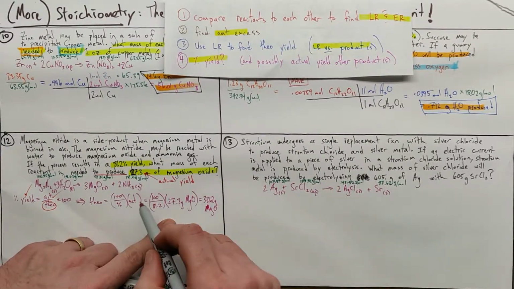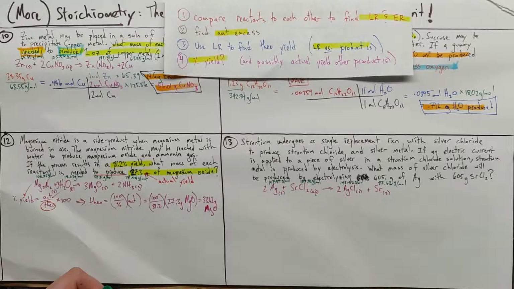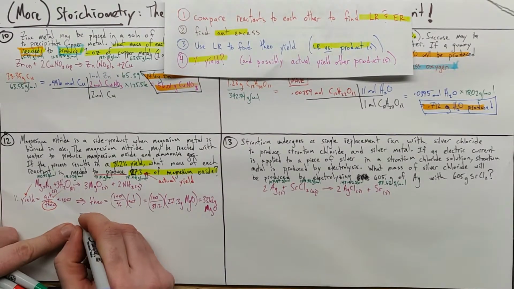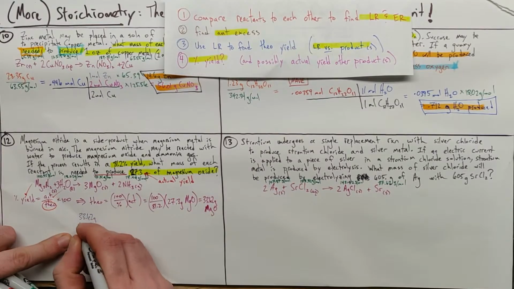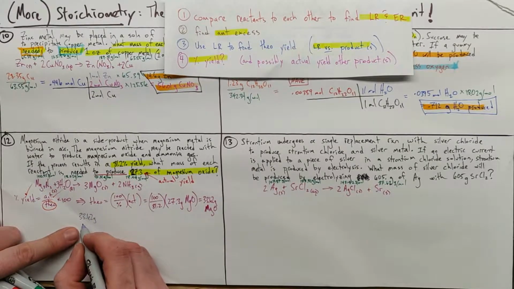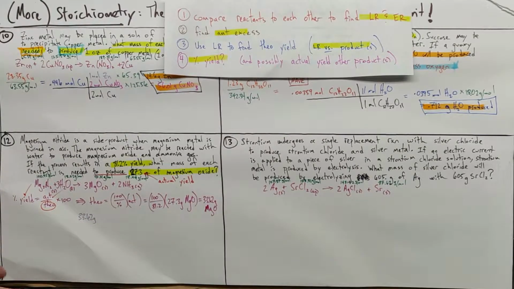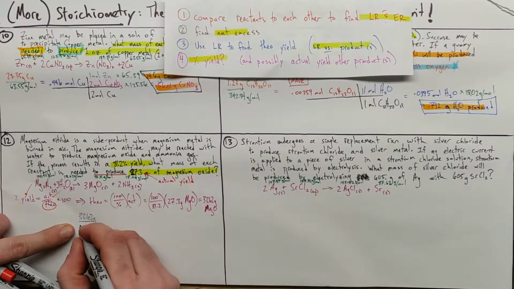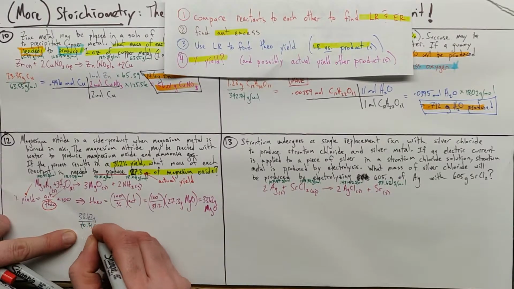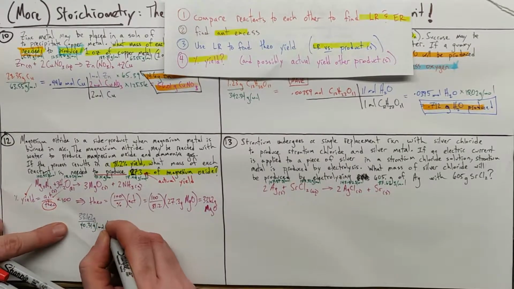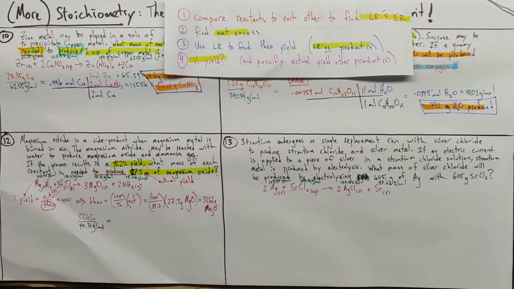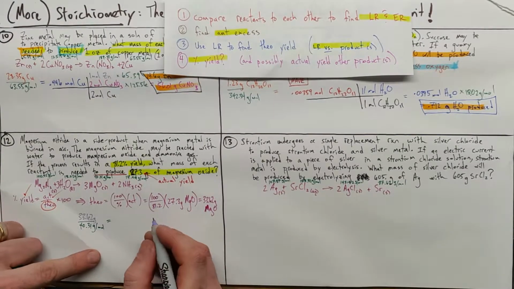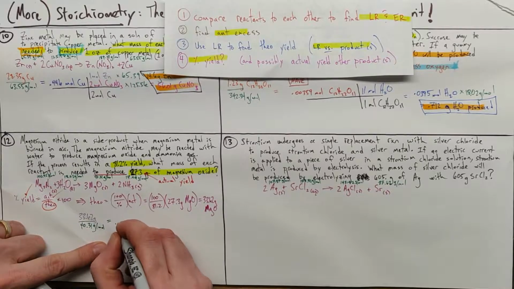And we need to do stoichiometry with moles, so there's an additional step we'll need to do here. We're going to take that 33.62 grams and turn it into moles by dividing by the molar mass. And magnesium oxide is 40.31. Which is going to give us, in this case, 0.834 moles of magnesium oxide, theoretically.